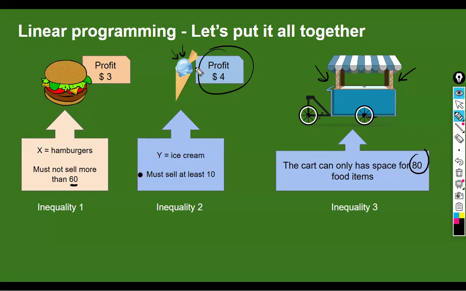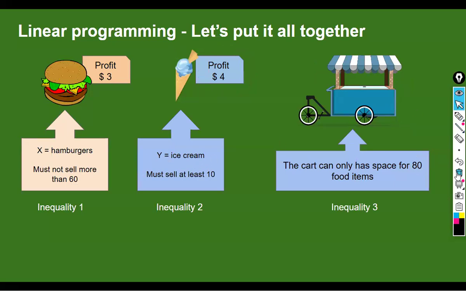But the question is, how to split it? Should it be 40-40 or 30-50 or 20-60? Let's use mathematics to figure out the correct way to optimize our business.